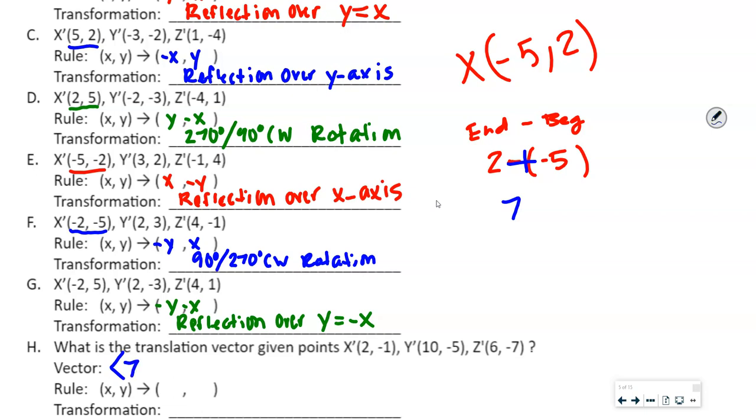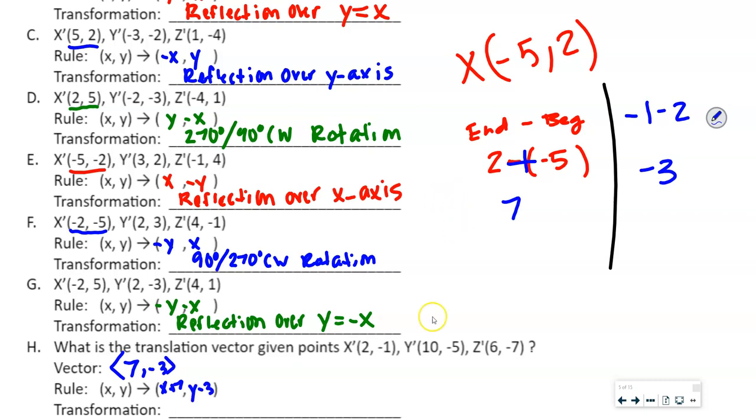Now let's do our y value. We're going to do the same thing here. Our new y was negative 1, and again, we're going to subtract from it our beginning point. So that's going to be a negative 3. That's our vector. So now when we write this as a rule, it's going to be x plus 7, y minus 3, right?